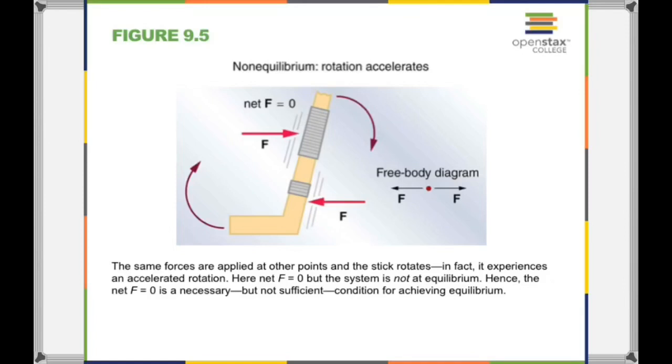The second condition can be illustrated from this diagram. We see that two equal forces are applied on this object. They are acting in opposite directions, but since they do not act along the same line, they will not cancel out completely. The net force is going to be zero, but this object is going to rotate.